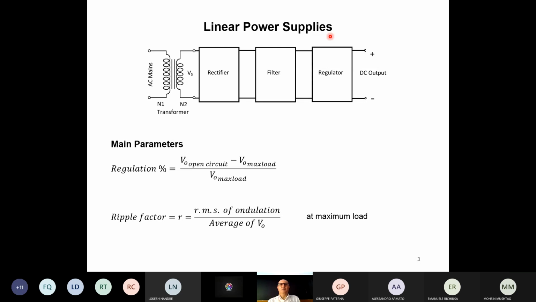What is a linear power supply? Well, basically, a linear power supply is a box which converts the AC voltage coming from the mains, so from the plug in the wall, the two holes that you find in the wall. Usually those are 220 volts or 230 volts.